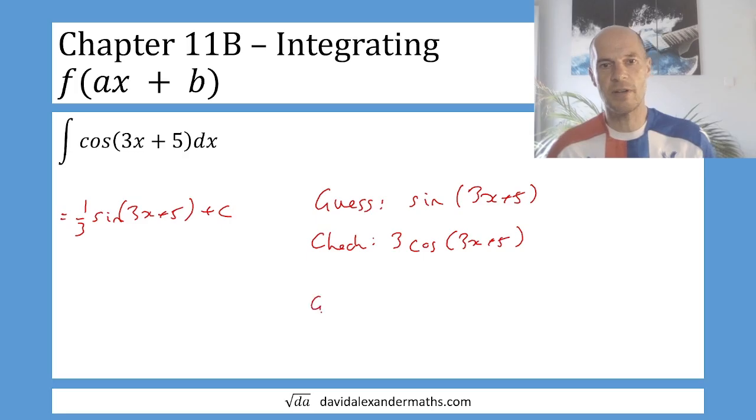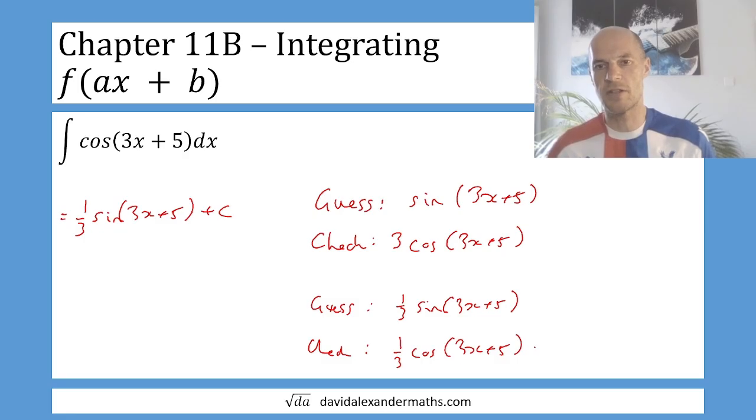And if we want, we can do another guess and check, except this isn't really a guess. We've shown that this is correct, but if you're not sure while you're starting out, you might want to do this just to be on the safe side. Okay, so that is going to differentiate to 1/3 times cos(3x + 5), remember sine goes to cos, multiplied by the derivative of 3x + 5, which is 3, and 1/3 multiplied by 3 is 1, so they will cancel each other out.